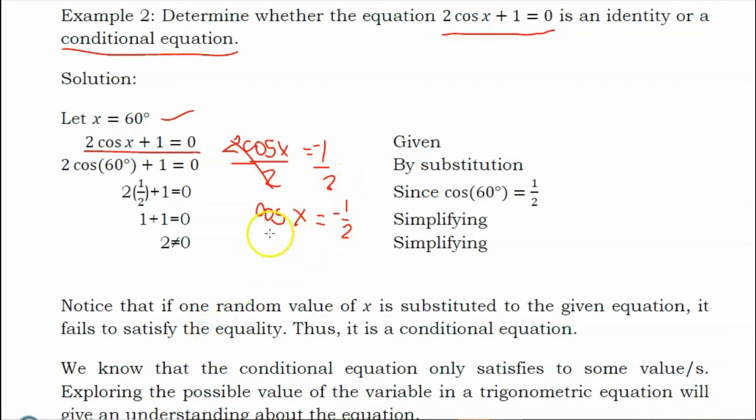Take note that cosine x is the x-coordinate in the Cartesian plane or in our unit circle. So based on the unit circle, our x can be located in the second and third quadrant, where x is negative. Those values whose cosine is -1/2 are the angles 120 degrees and 240 degrees.